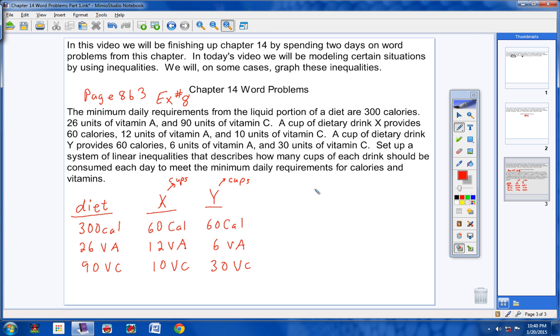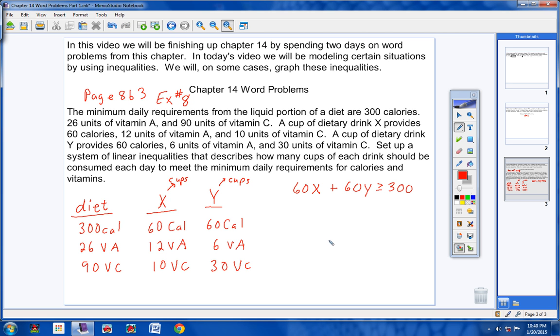So every cup of my X drink is multiplied by 60 calories, plus, watch this, guys, every Y cup gets multiplied by 60 also. And that should be at least 300 calories, okay?